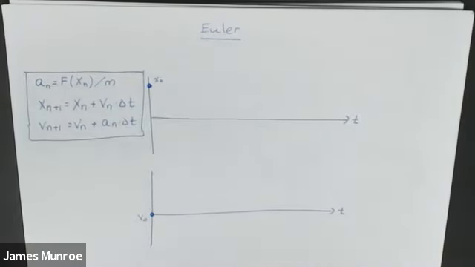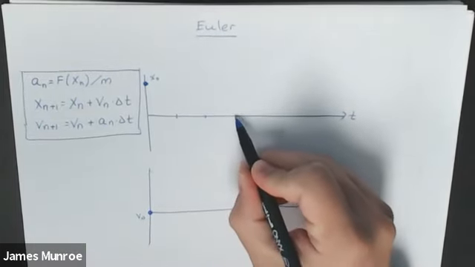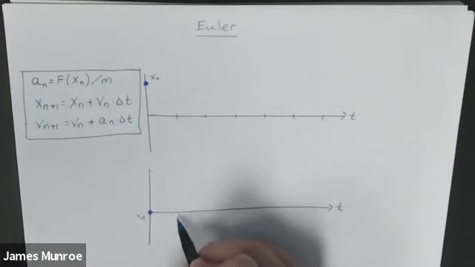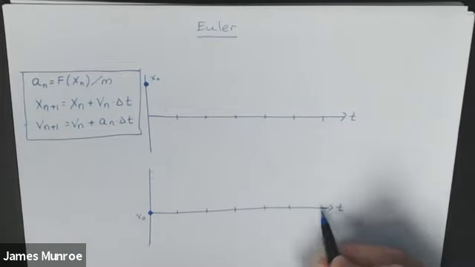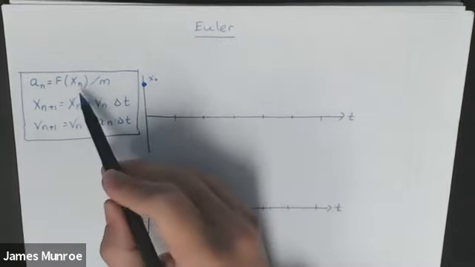The way that these numerical models work is we figure out what their values are at different points in time, and we do that for velocity and position together in sequence. The acceleration in a spring-mass system is dependent upon the position.